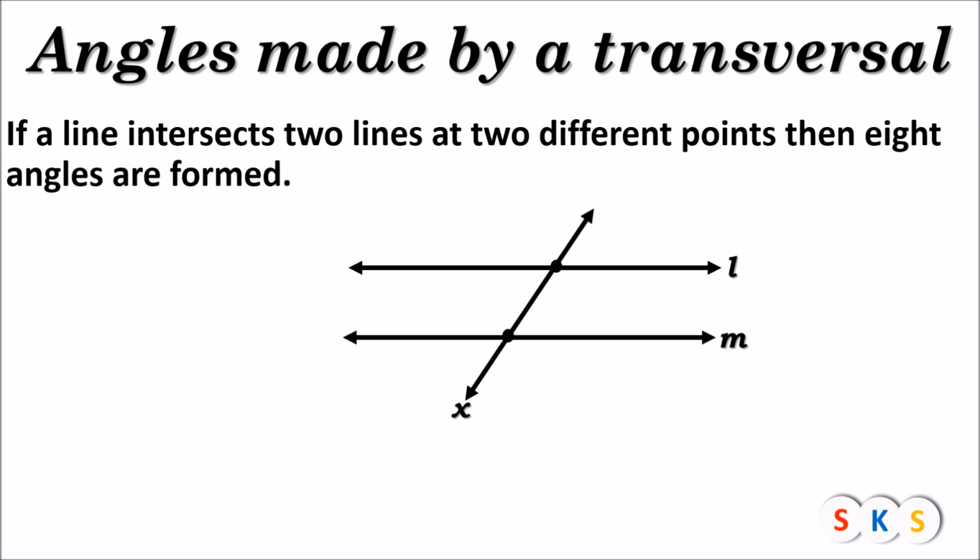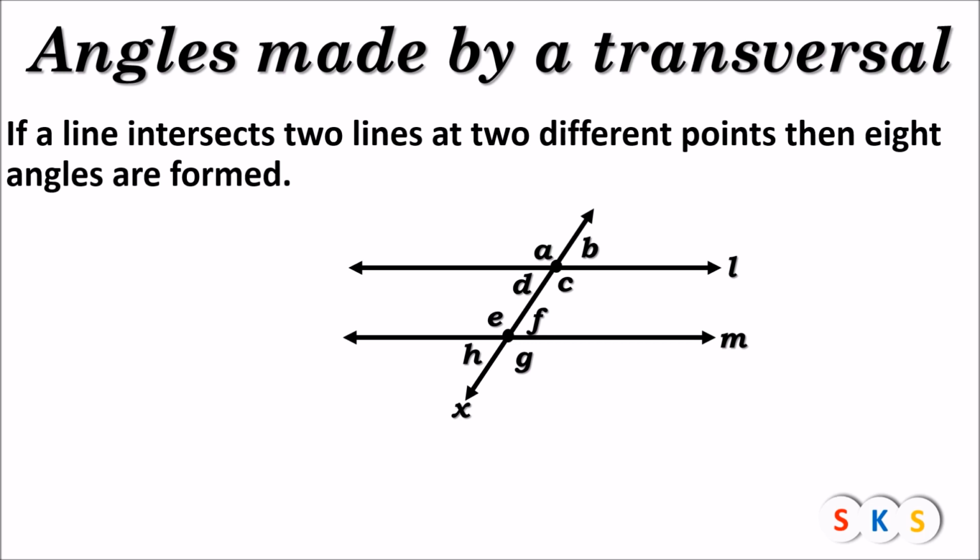So here line X is a transversal of line L and M, and this transversal forms 4 angles with each of the lines L and M. Let's see, here we have angle A, that is the first angle, angle B, second angle, angle C, that is the third angle, angle D, fourth angle, fifth angle is E, sixth angle is F, seventh angle is G, and eighth angle is H. So in total we have 8 angles in this figure.